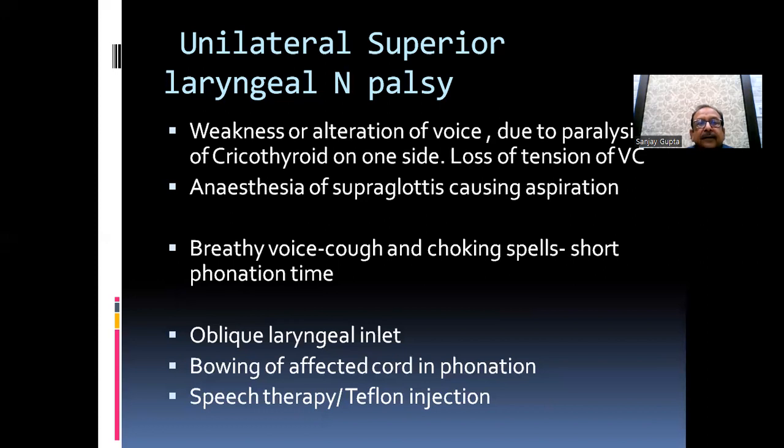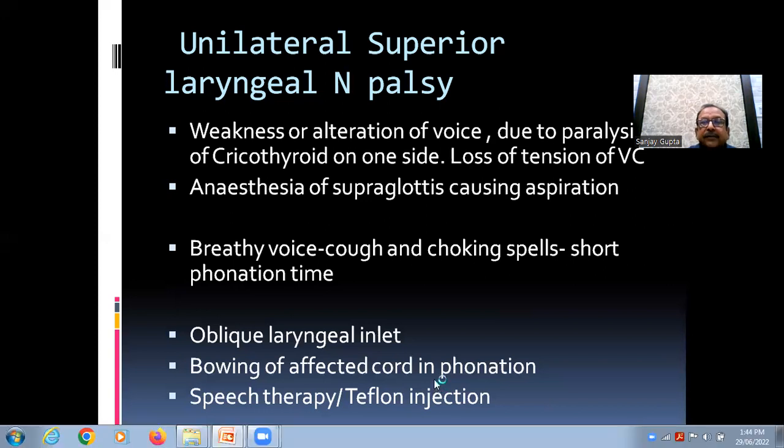The internal branch is a sensory branch, and paralysis causes anesthesia of the supraglottic area, causing coughing and aspiration, breathy voice, cough and choking spells, and short phonation time as the patient gets tired while phonating.